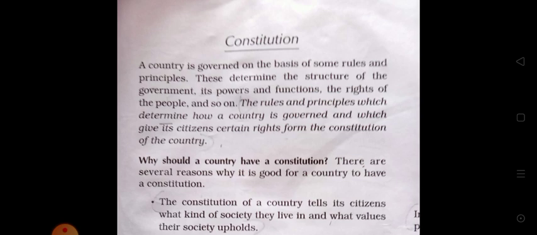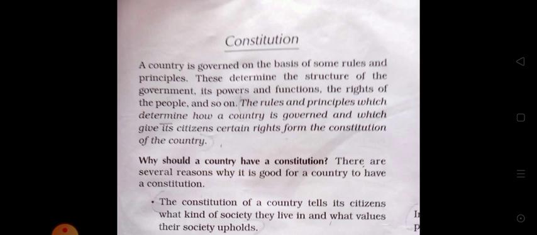First, the constitution of a country tells its citizens what kind of society they live in and what values their society upholds.